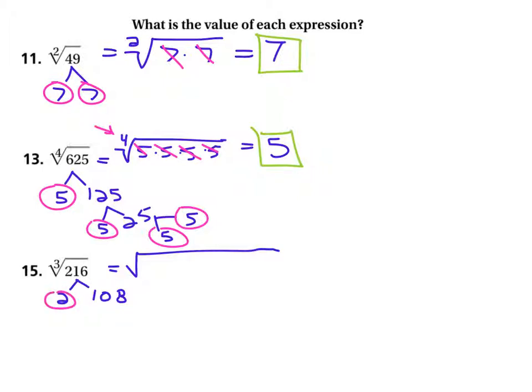And 2 is prime. I can break this down again. I see it's even, so I can do 2 times what? Well, half of 100 is 50, and half of 8 is 4, so 2 times 54. 2 is prime. And actually, I know that this 54 is 9 times 6. So I'm going to break that down into 6 and 9.